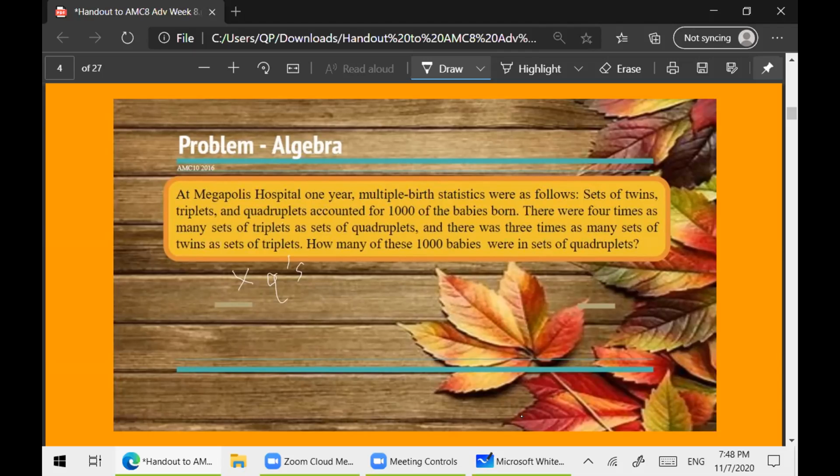And then calculate the number of set of triplets and twins. And then you can do some addition and find what X is.